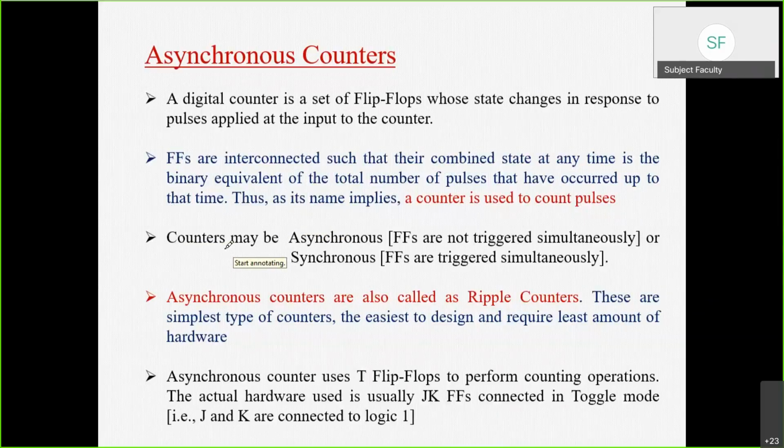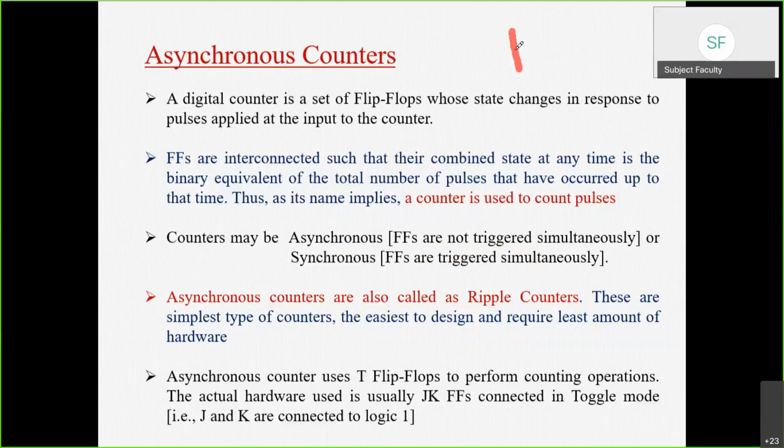So a counter may be of two types, asynchronous or synchronous. When the flip-flops are not triggered simultaneously, we call the counter an asynchronous counter.